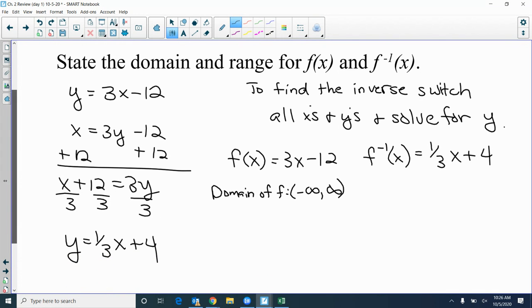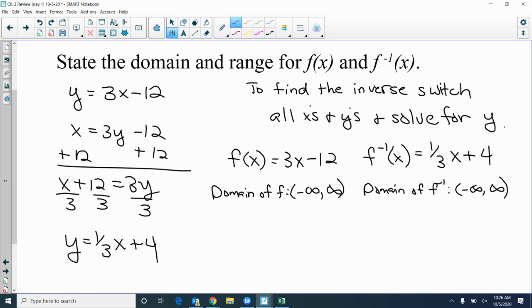Domain of the inverse: negative infinity to infinity. All right, so if you look up above, though, now you can probably figure out the range. This isn't too bad, but for others, it's not as obvious. For number 4 up above, it says the range of f of x is the same as what?